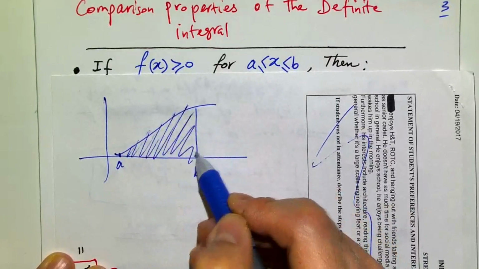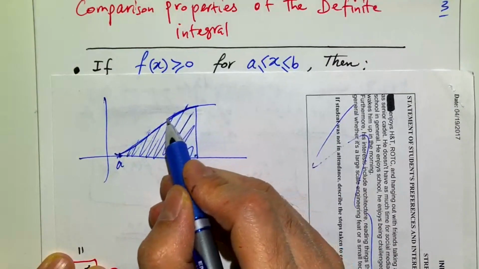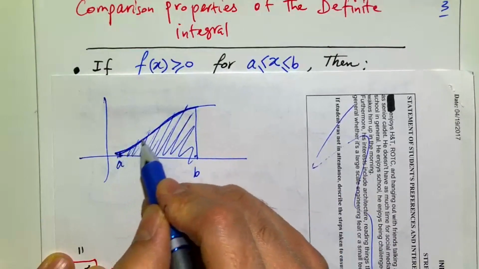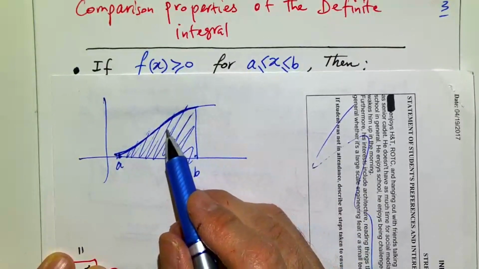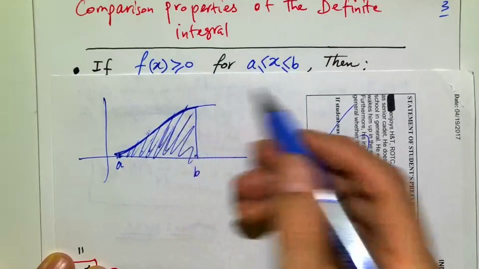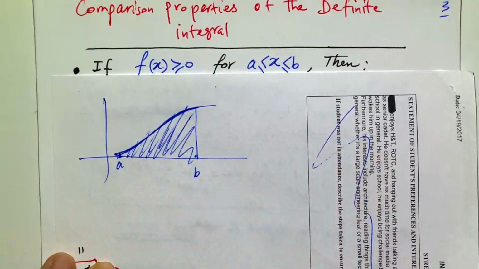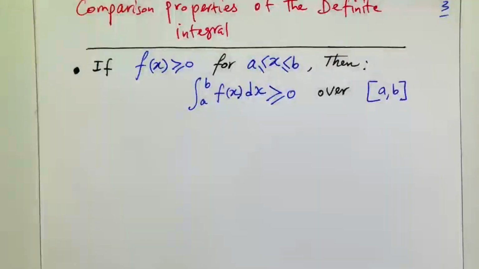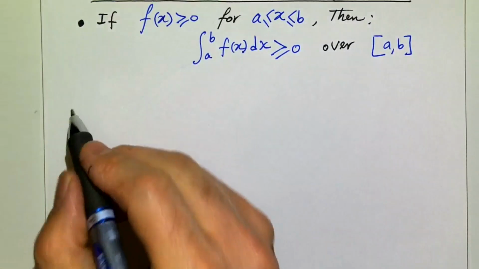And because the function from a to b is greater than 0 at all times, the area under it will always be positive as well. So using this quick graph, we can show that it makes perfect sense, given our definition of the definite integral.